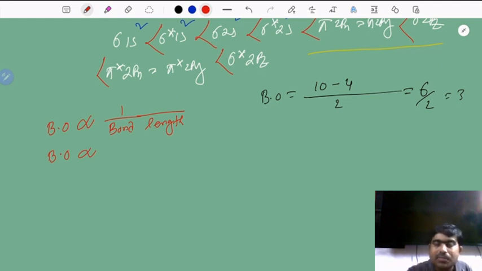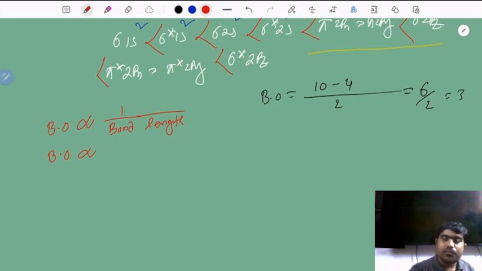Let me give you one example. Suppose you have a chalk, one long chalk and one small chalk. Which one can you break easily? No doubt, the long chalk, which means its strength is minimum. But the small chalk you cannot break easily. You can break it, but you have to put in more energy. That is, it is stronger.